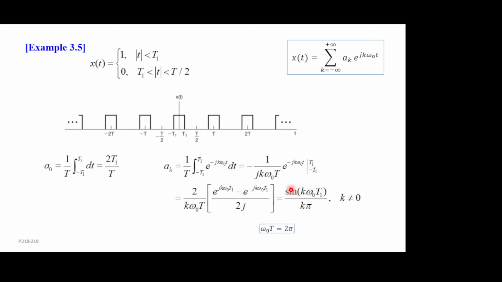And you clean all things up, then you see you have sine of k omega naught t1 here, over k pi, where we simplify this omega naught T because we know omega naught T equals 2 pi. So we can simplify all those things to just 1 over k pi. Okay.